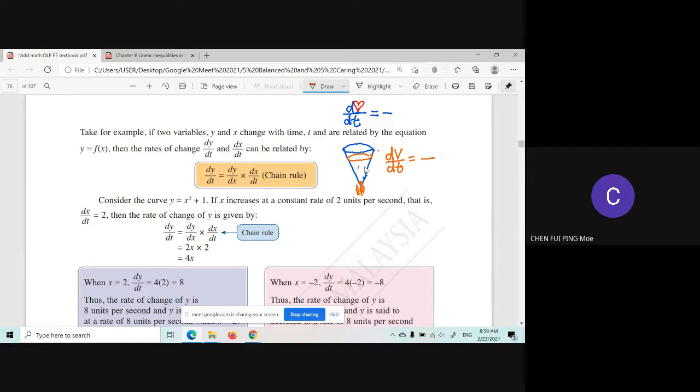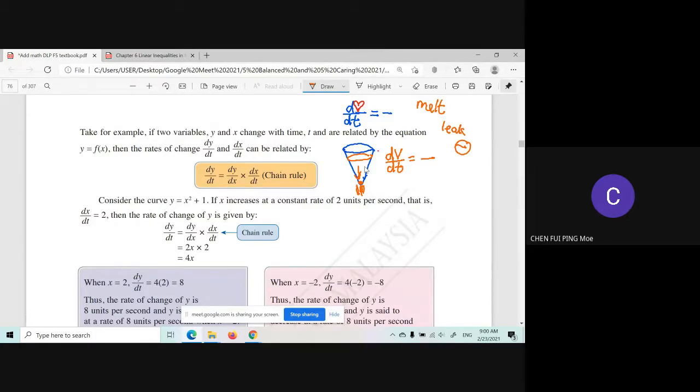Remember, because water comes out, the volume decreases towards time. So we have negative. So the first idea that you need to know about rate of change is if it decreases, then the rate will be negative. If it increases, the rate will be positive. So remember this. If you see the word melt or leaking, it means the rate will be negative. So rate is d over dt, always fixed.